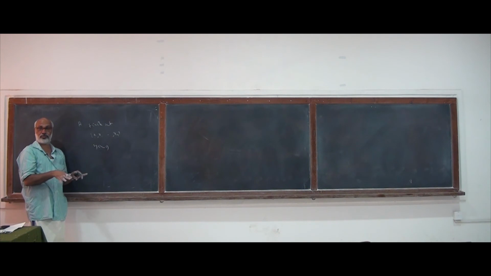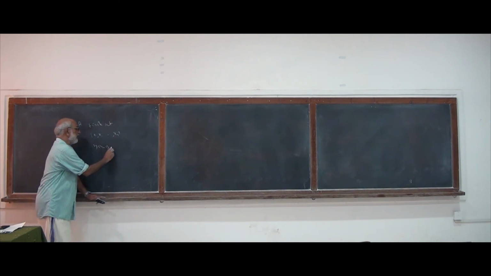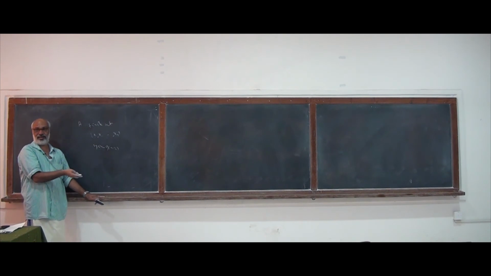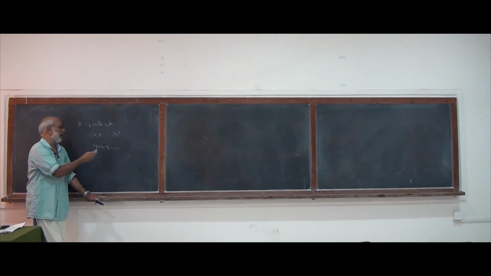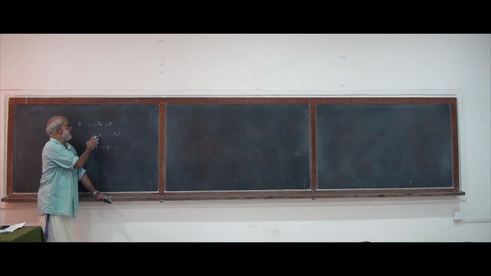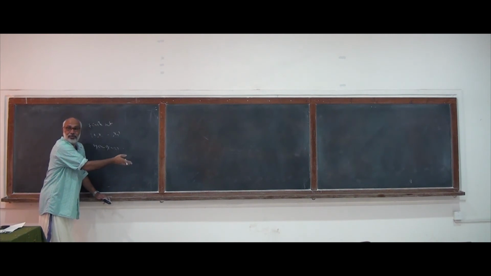And what about x3? Now x1 and x2 are mapped. Two elements are already taken. They cannot be used. So x3 can be mapped to any of the other elements, and that can be done in n minus 2 ways. And so on. By the time x1, x2, x3, up to x(n minus 1) are mapped, all elements except one will be taken.